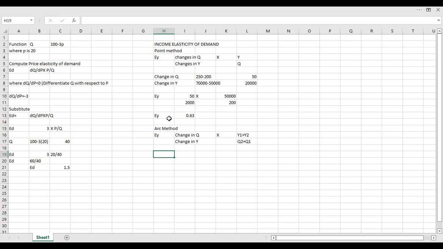So we've determined the percentage change in quantity and percentage change in income.